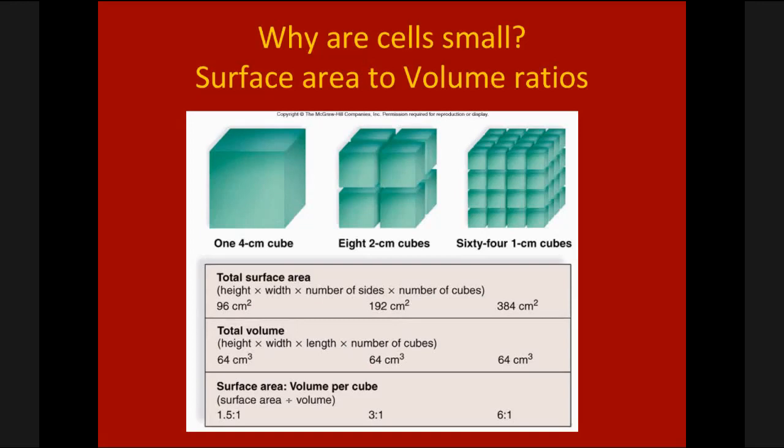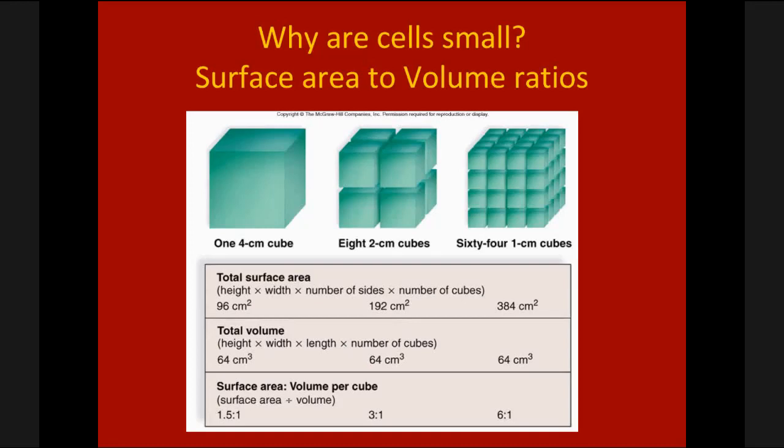And it turns out that that's really important. As a cell, you have to be really, really small so that your surface area is sufficient to exchange gases and nutrients with the environment enough to support the contents, the volume of your cell. Surface area to volume ratio is really important.